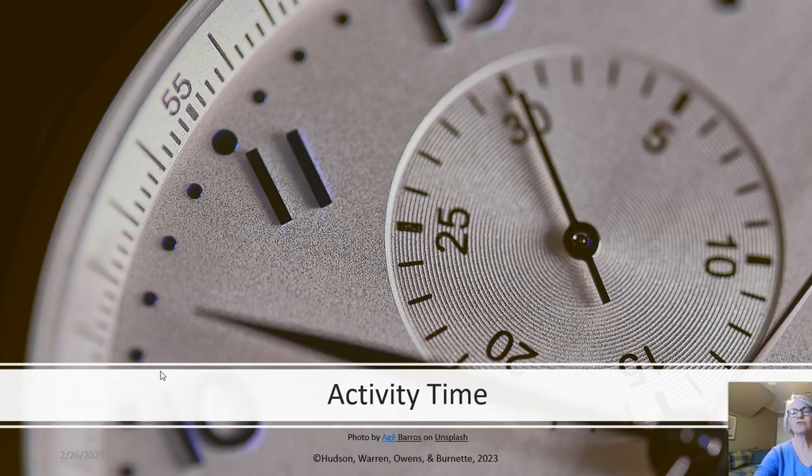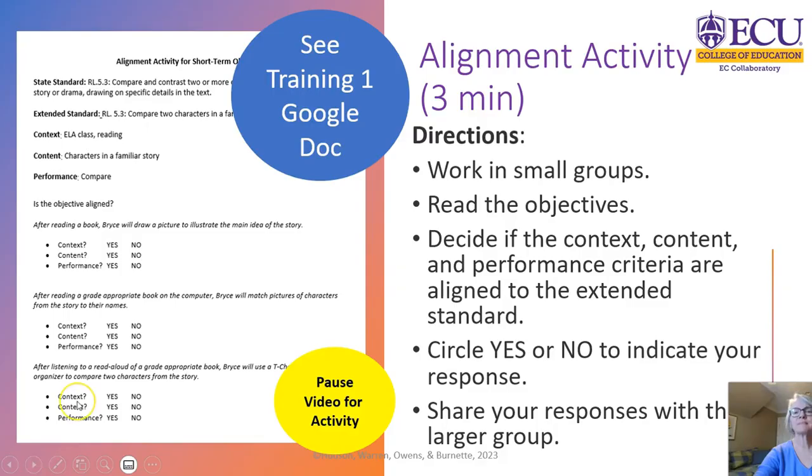Now let's apply what you've learned in this activity. You have downloaded the alignment activity from the Google Doc that you opened at the beginning of this training. You'll have 3 minutes to work individually or with a partner to complete this activity. Please work in a small group.